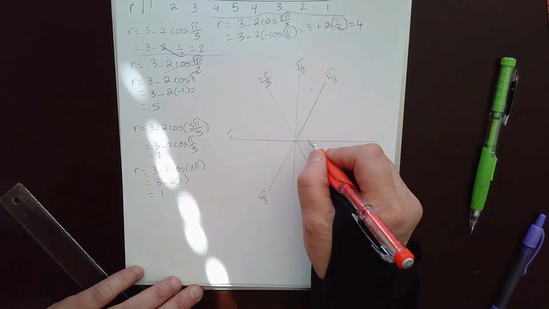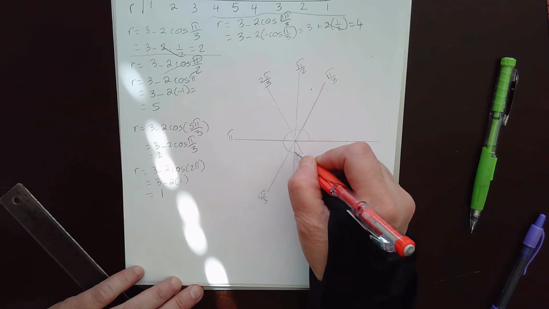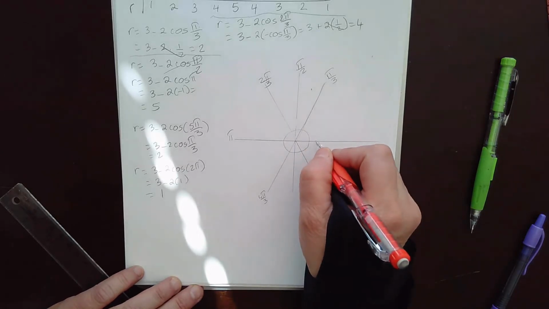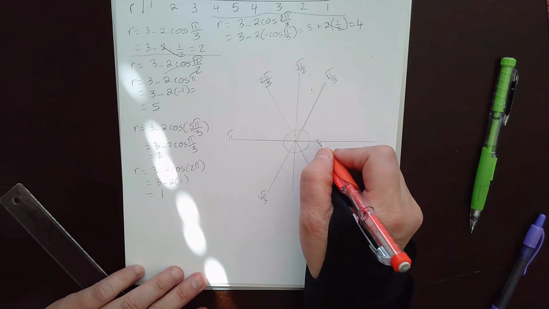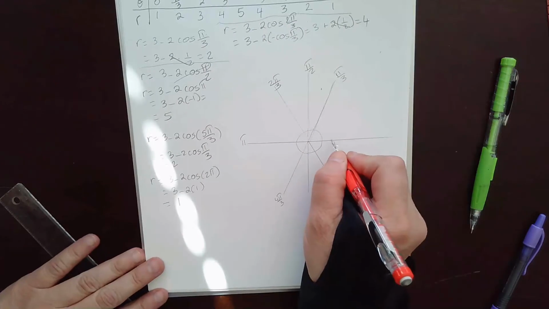Let's go ahead and create the radius. Remember, it's going to be a little bit tough as we're going to go all the way to 5. So I'm going to try, take my time.